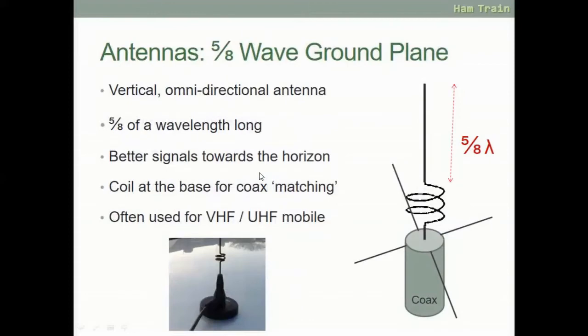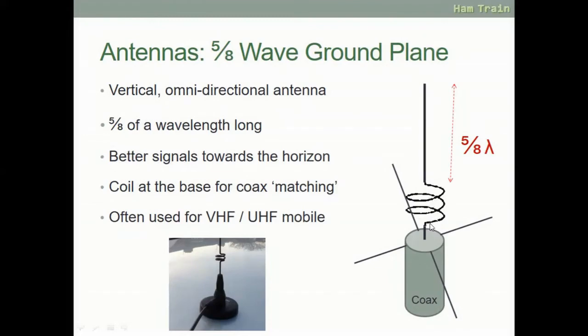And a 5/8 wave ground plane antenna. Again, these are vertical and omnidirectional. They're 5/8 of a wavelength long. They have better signals towards the horizon. The coil at the base is to do with matching coax. So again, the coax is 50 ohms.